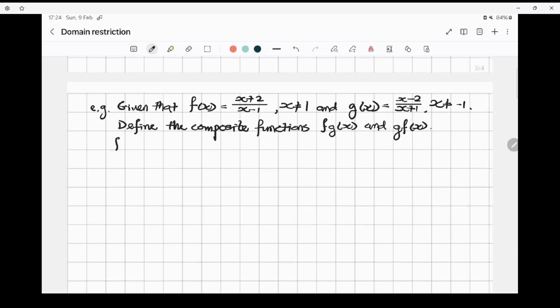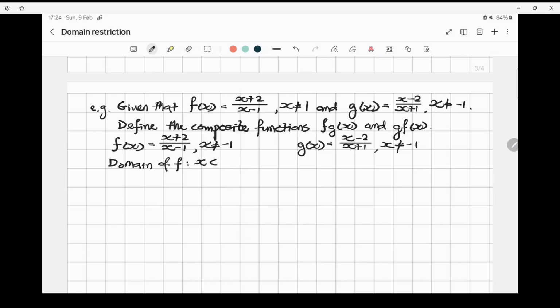So let's look at the first one as usual. The domain of f would be the set of all real numbers, but you exclude one point, which is not -1 but 1.